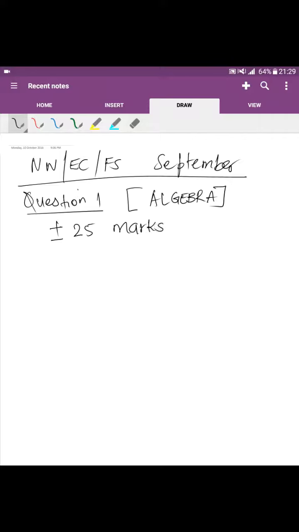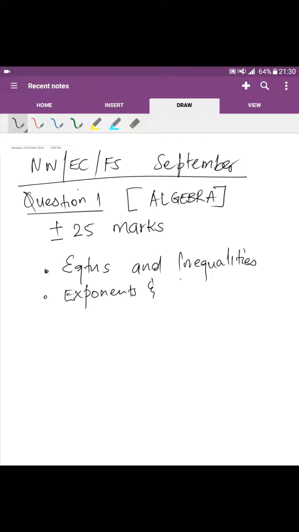When I say algebra, I think it makes sense to everyone that it consists of your equations and inequalities, it has your exponents and sets, your nature of roots, and I think that's it.